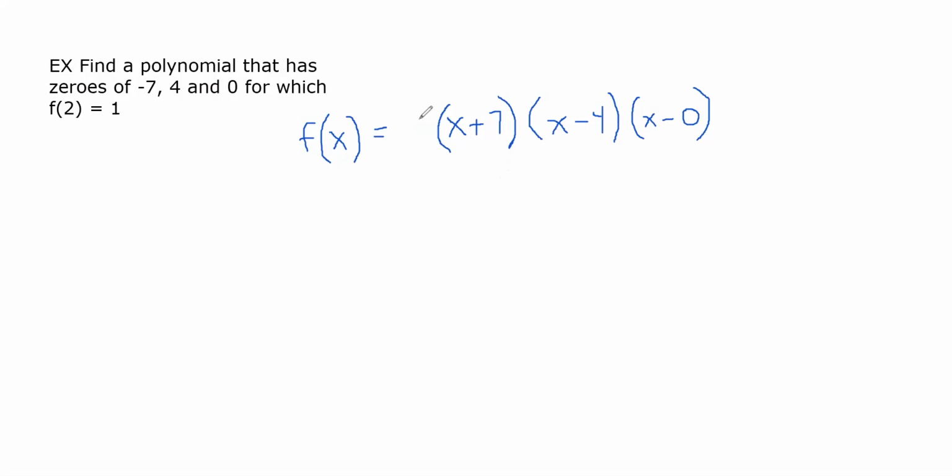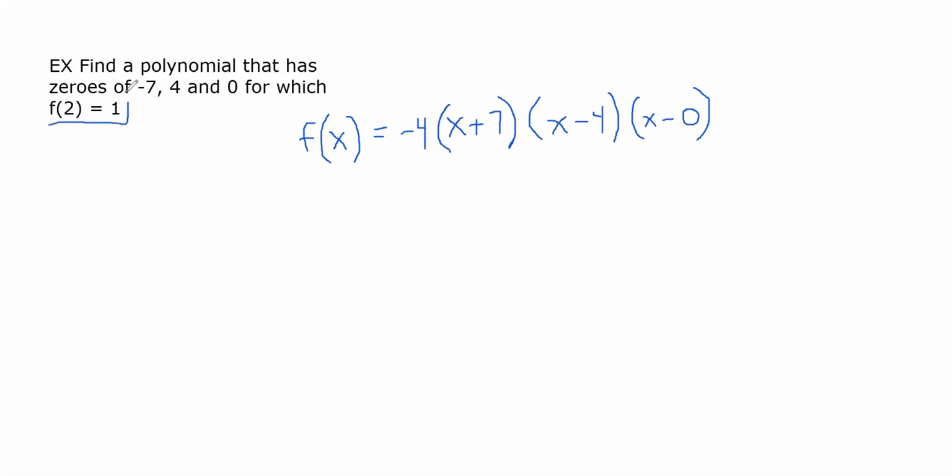You could actually put any constant you wanted here. I could put a 3 out here. And that's not going to change any of this. It's still going to be a polynomial, and it's still going to have roots of -7, +4, and 0. So I can actually put anything I want. I could put -4 if I wanted to, and it fits the bill for all of this.